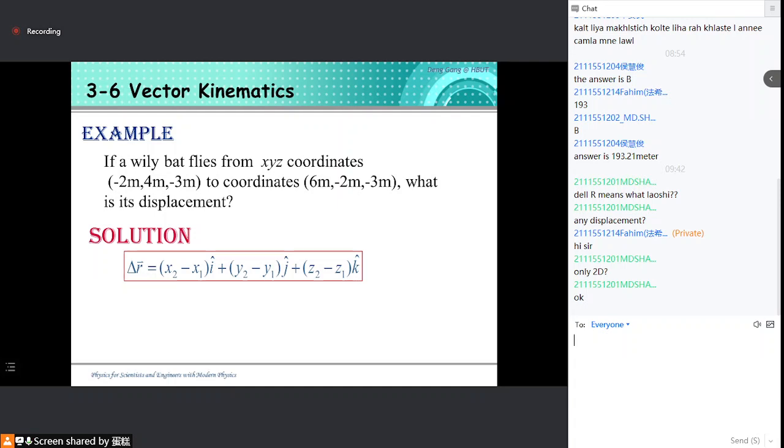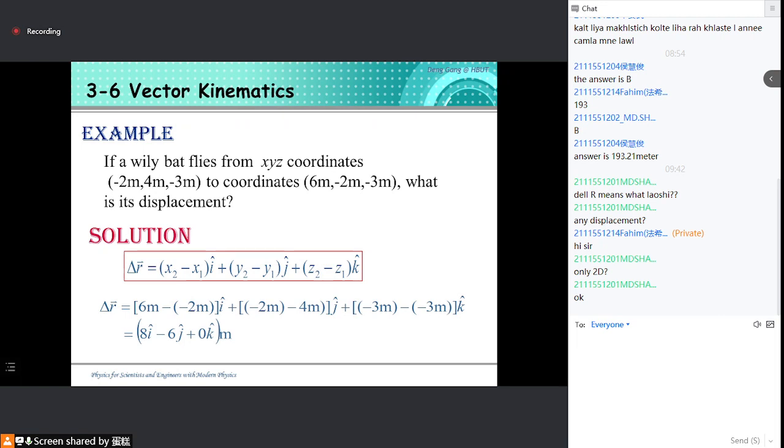So for x, we just use x_2 minus x_1, that's 6 minus 2, that's 4, right? So we substitute the digits into this, and this is the final result. You don't need to calculate the length and angle of the vector.